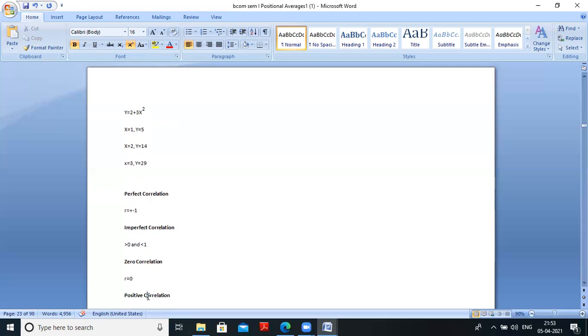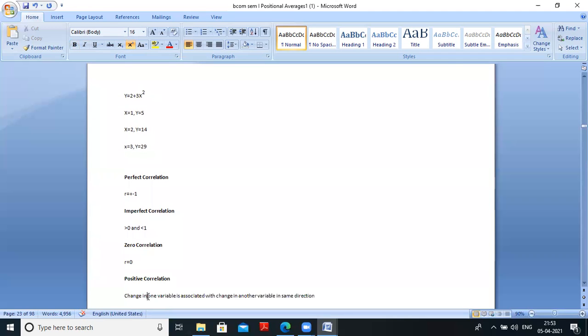Zero correlation is when the coefficient of correlation between two variables is 0, right? That means they are not related to each other at all. Actually, we can't say that zero correlation means they are not related to each other. If I say R is equal to 0, R being the Karl Pearson coefficient of correlation, that measures only linear correlation.